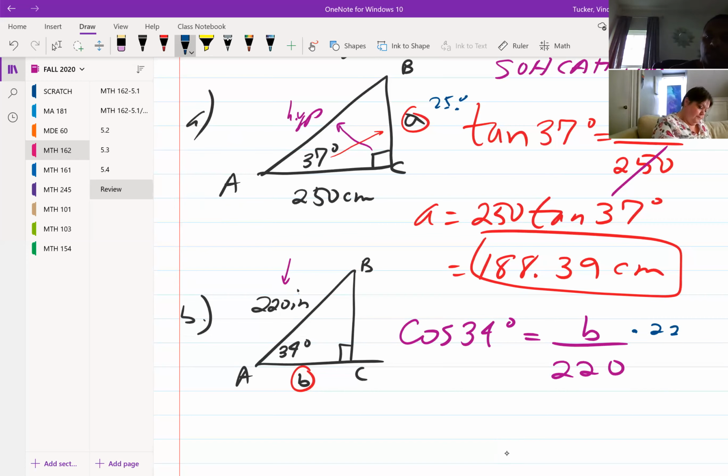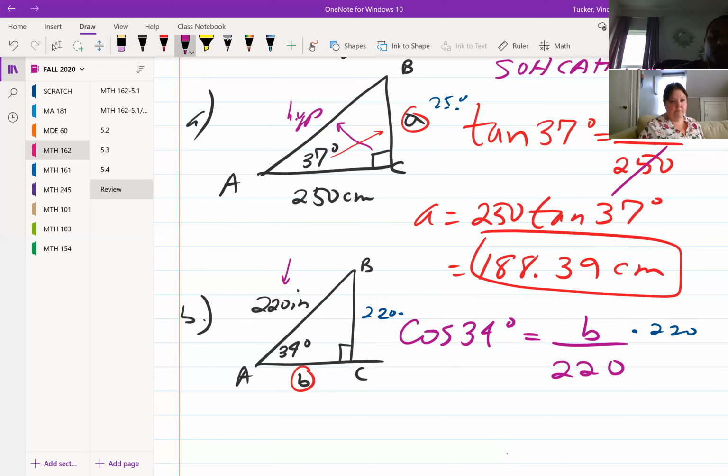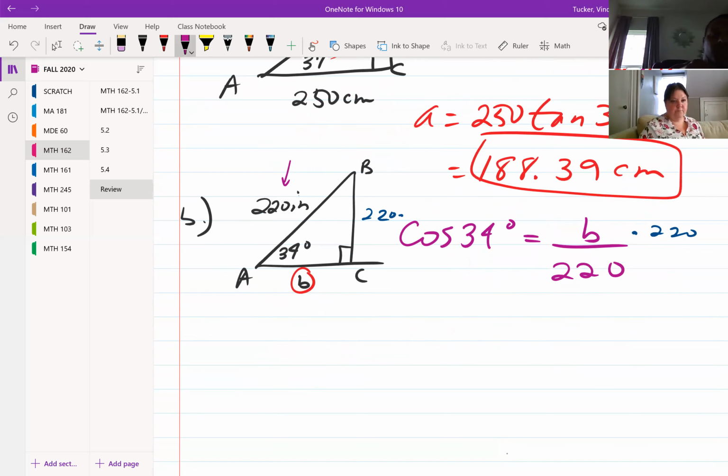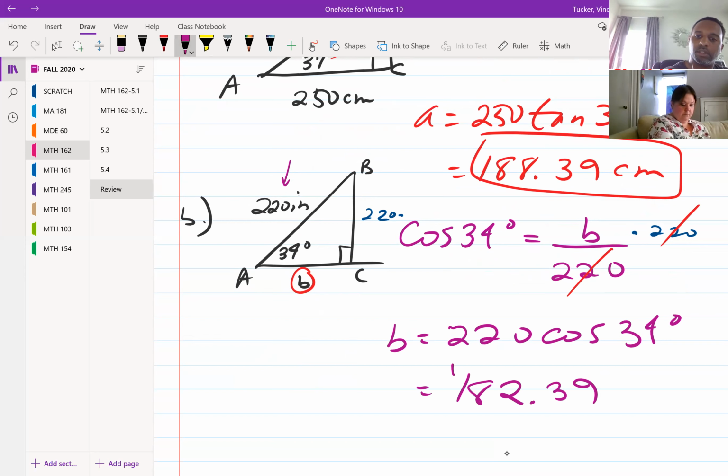So multiply both sides by 220. They cancel, leaving us with B equal to 220 cosine of 34 degrees. And that is 182.39.